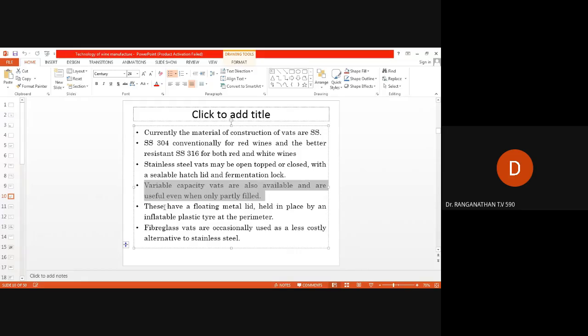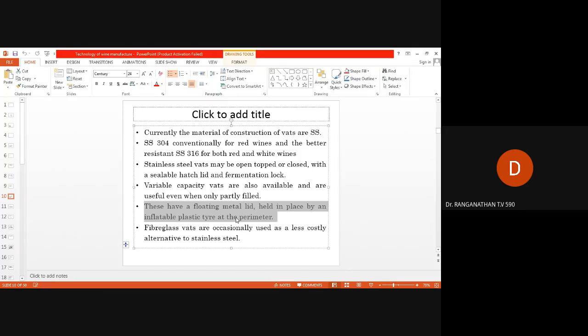So normally these have a floating metal lid held in place by an inflatable plastic tube at the perimeter. Now, what is the significance of it? During the course of fermentation, carbon dioxide is released, and this will try to push up the skin and some of the pulp onto the surface.